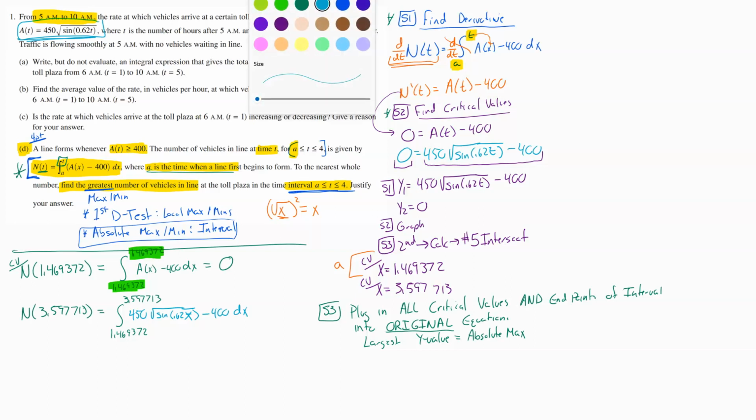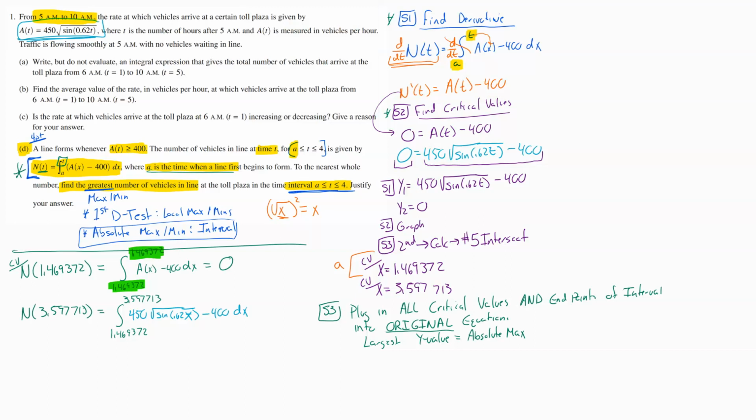When we want to calculate an integral, we do that in our calculator. So to do an integral in the calculator, you would take whatever this equation is right here and put that in y1. So in y1, we would put that full equation, 450 times the square root of the sine of 0.62x, and then minus 400.